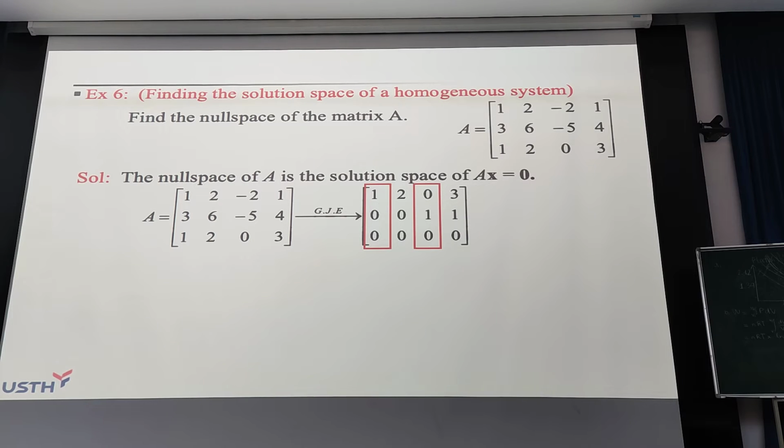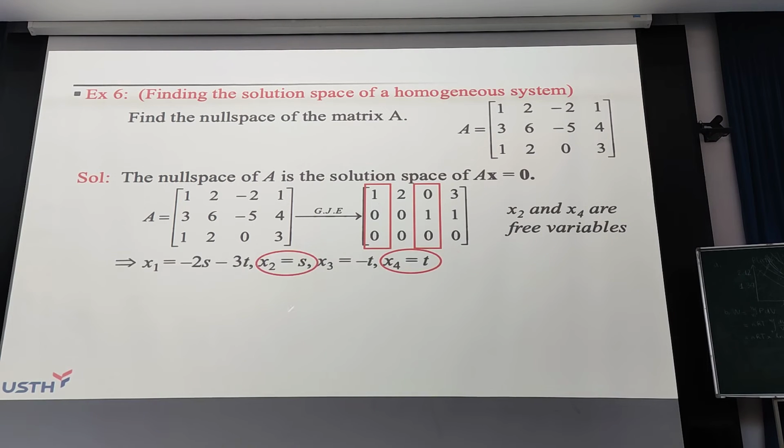The other columns are here, that one and that one. And it means that the variables x2 and x4 will be free variables. By free, I mean it can accept any value. So here I give x2 the value s and x4 the value t. Any s and any t.